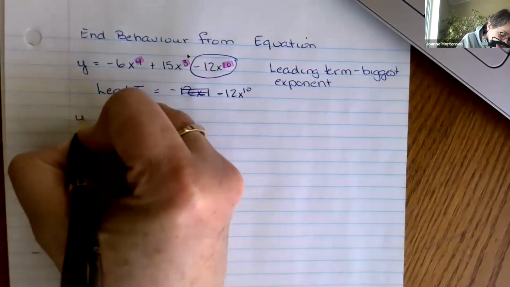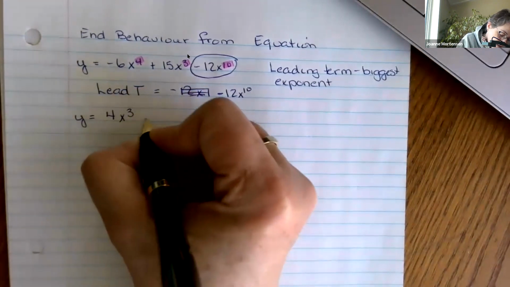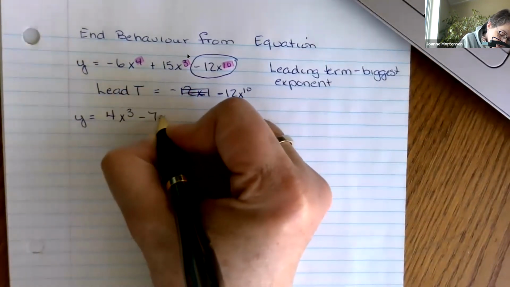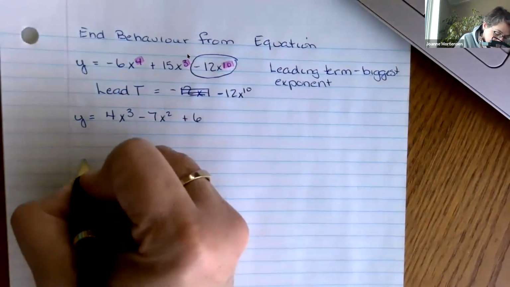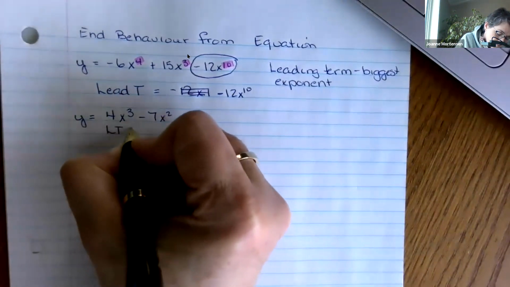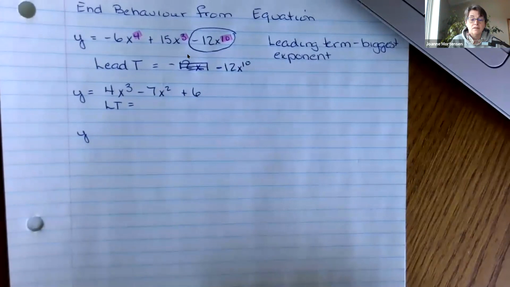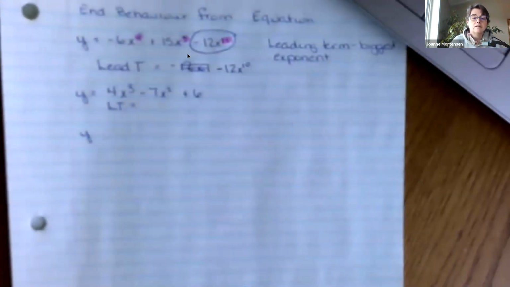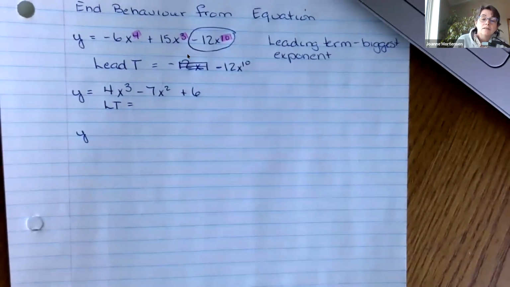All right, so y is equal to, so I'm going to write several. And I'm going to focus my camera again. And I want you to write out the leading term.